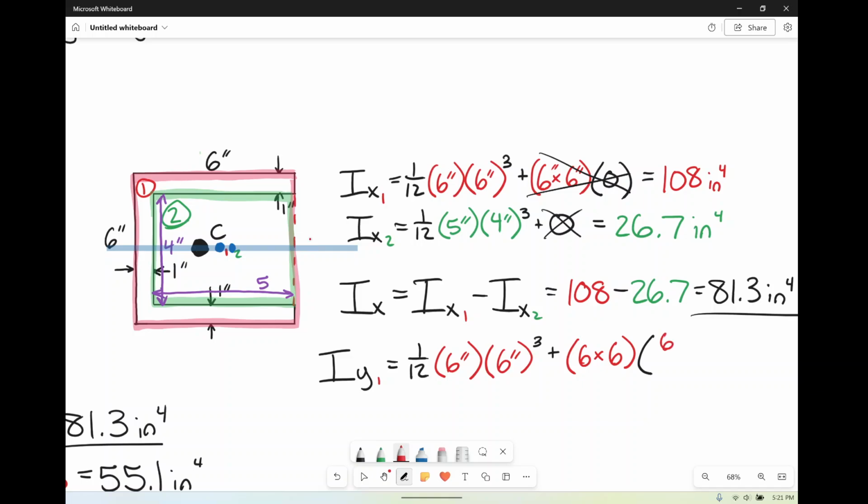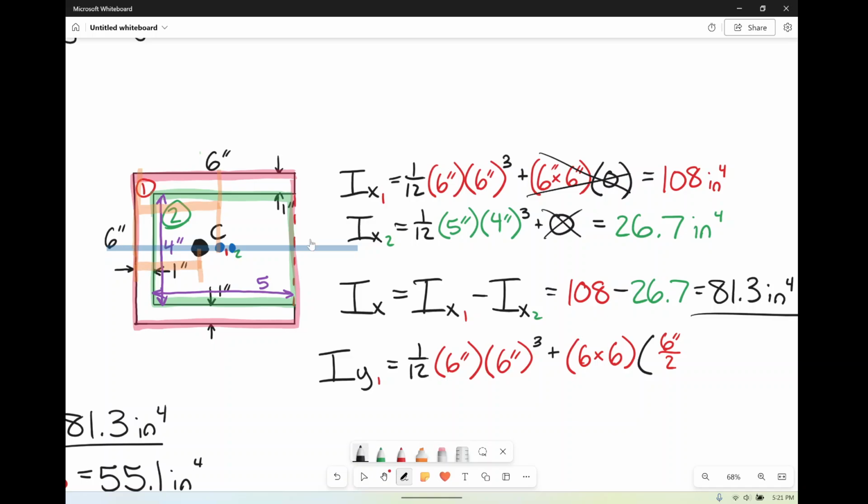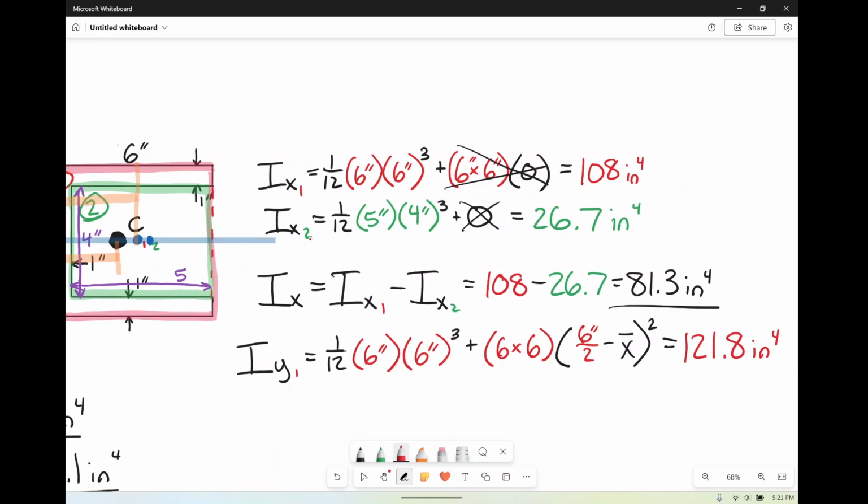The center of this one is 6 inches divided by 2. And we know the distance to this point, which is x bar. So minus x bar. Ta-da, squared. And what we're going to get is 121.8 inches to the 4th. Okay, feeling like a pretty big number.